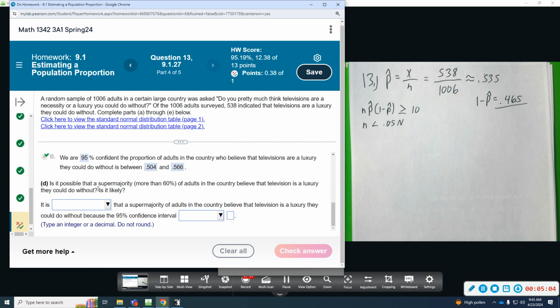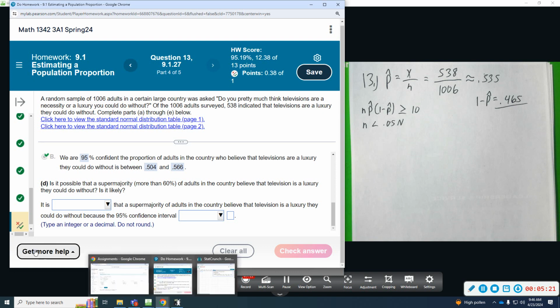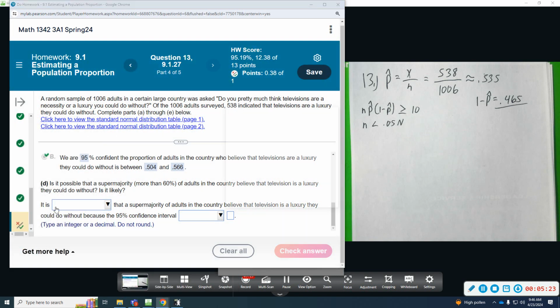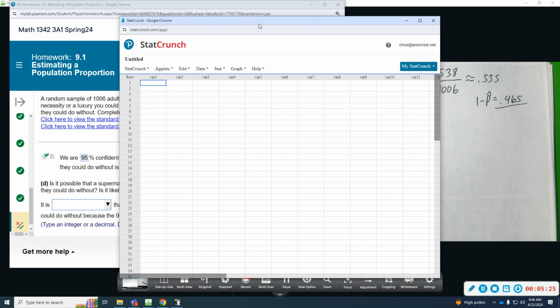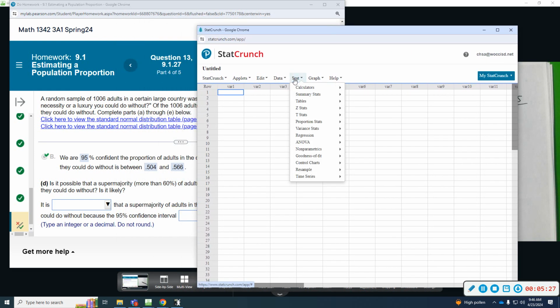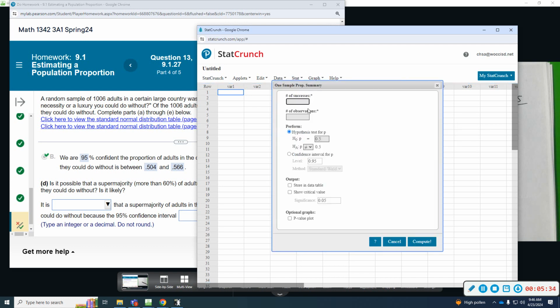Is it possible that a supermajority of 60%, more than 60% of adults, believe that the TV is a luxury they could do without? We can do a hypothesis test now. Let's see the probability. One sample, with summary.